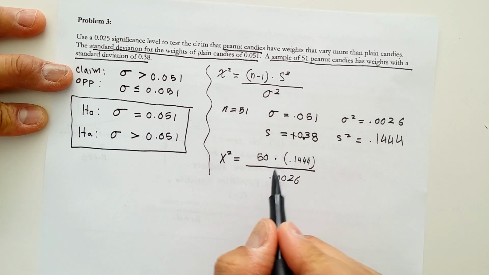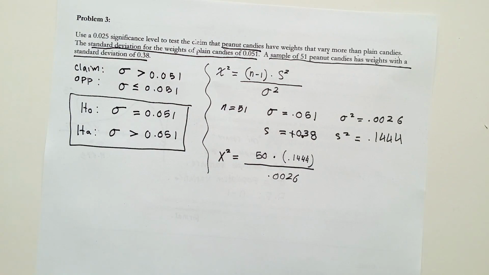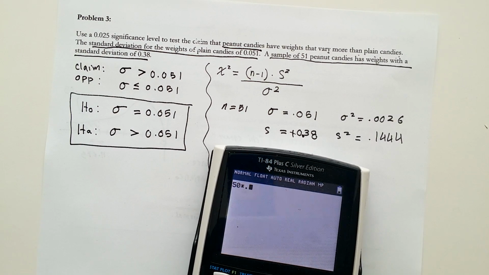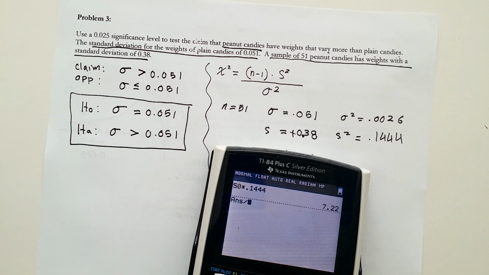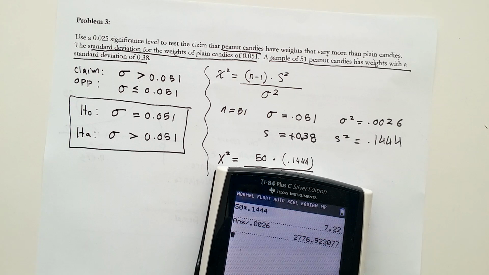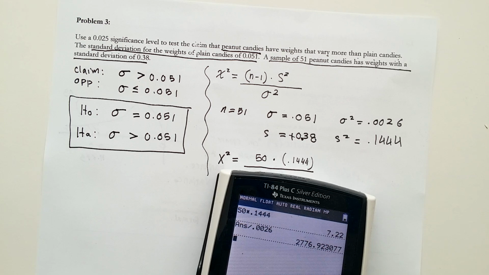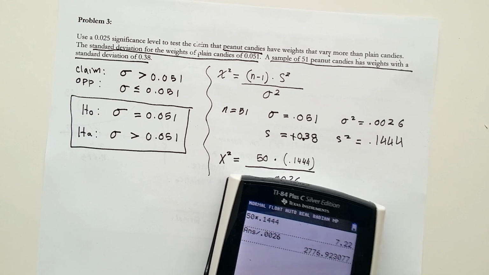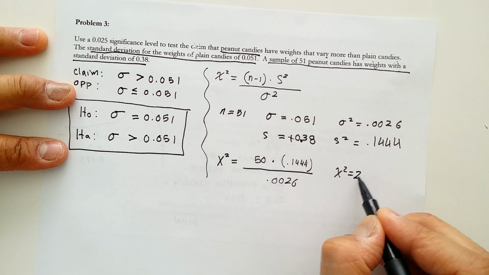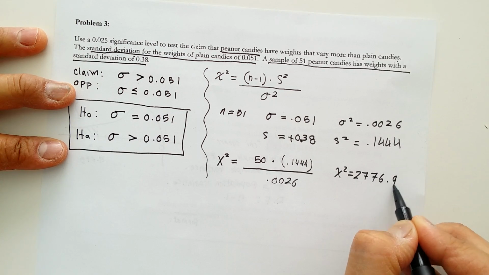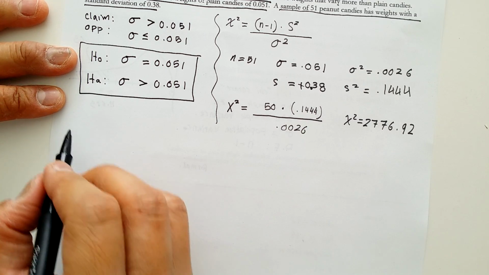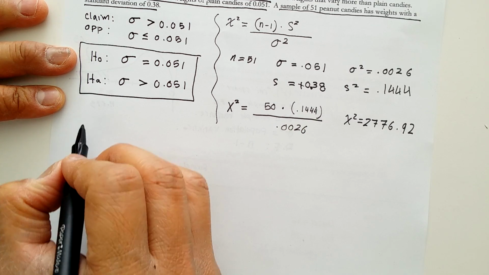Plug it in, use a calculator, and figure out what the chi-square is. 50 times 0.1444 divided by 0.0026, we get 2,776.92. All right, the next step is to find the p-value so that we can write a conclusion.